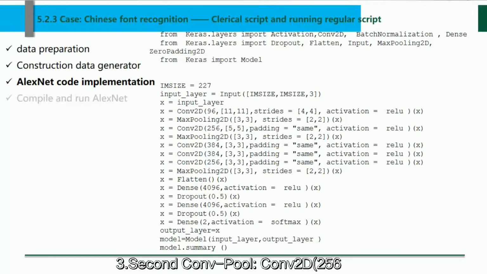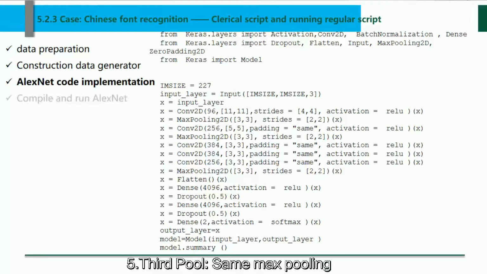Third, second conv and pool, Conv2D 256, 5, 5, padding equals same, activation equals relu, same max pooling. Fourth, 3 convs, Conv2D 384, 3, 3, padding equals same, activation equals relu, twice, Conv2D 256, 3, 3, padding equals same, activation equals relu.